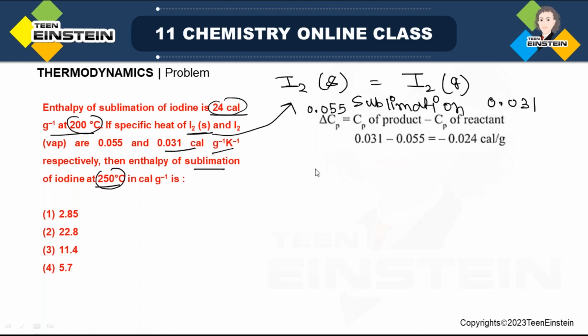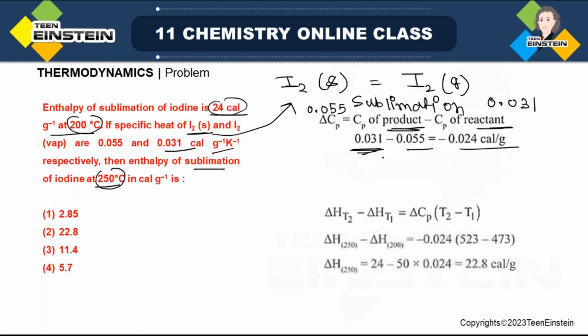So according to this equation, first we will see the value of del Cp. Del Cp is Cp of product minus Cp of reactant. So Cp of product is 0.031 and Cp of reactant is 0.055, and this is the value we are getting. It is negative because this one is lesser.